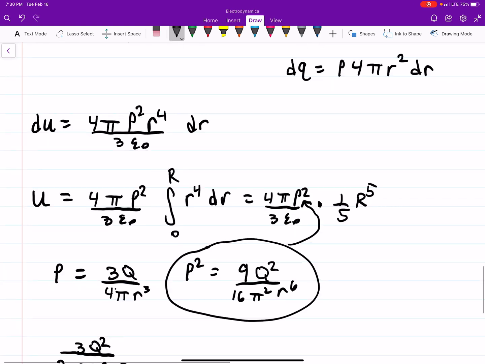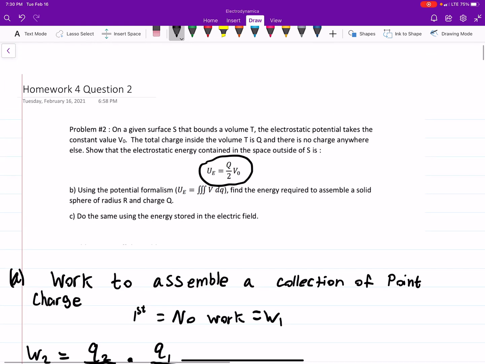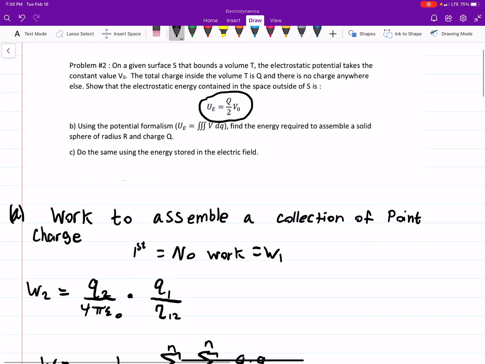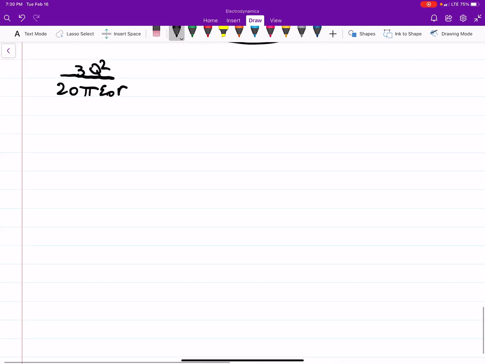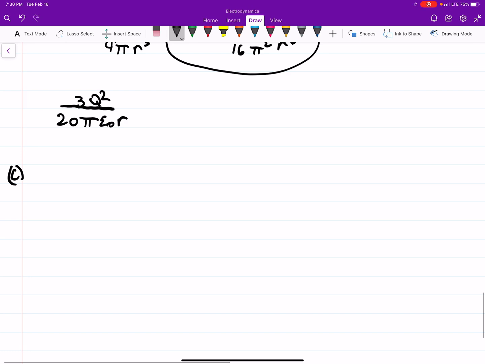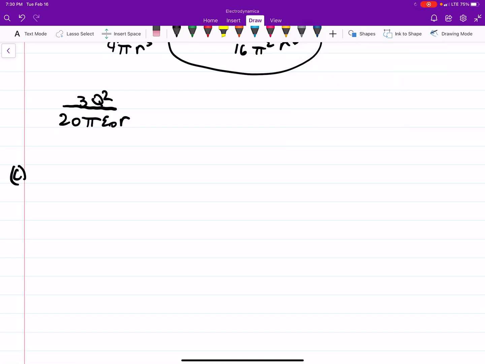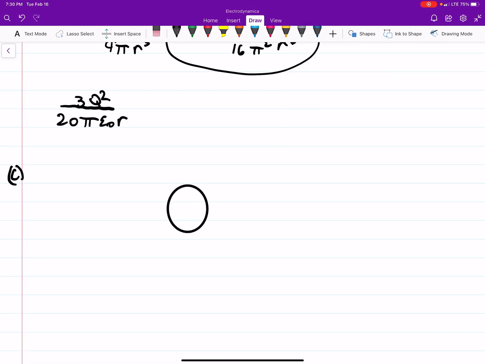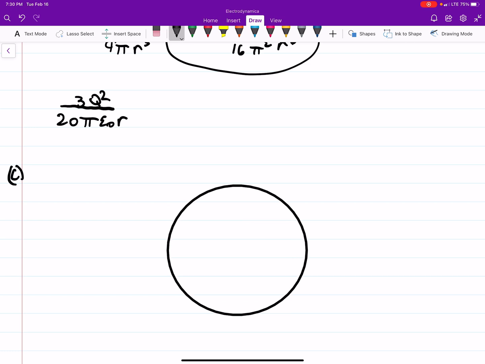For part C, it wants us to find the energy stored in the electric field. So let's just draw a circle. And obviously it's got uniform charge density, whatever.